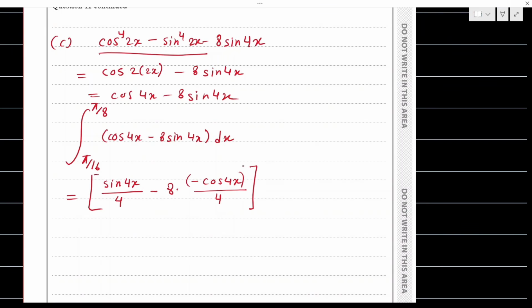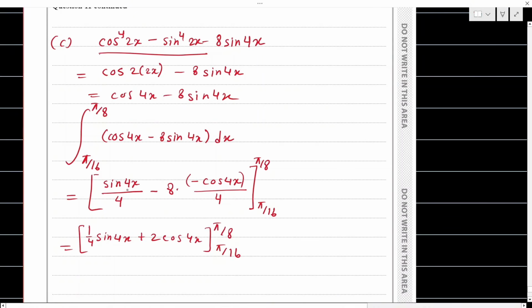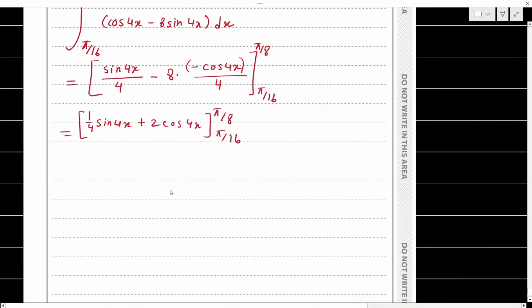I can then write the limits pi by 8 and pi by 16. If I simplify this expression, we get 1 by 4 sine 4x plus 2 cos 4x. We now just have to put the limits and calculate to find the value of this integration.